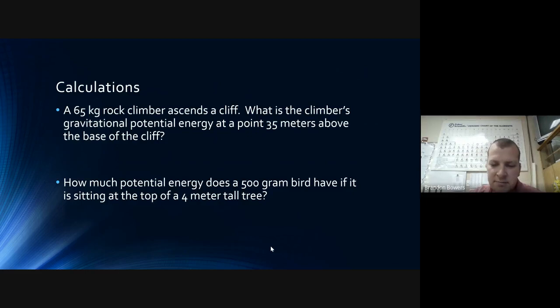For the second problem, you have to remember to convert grams to kilograms, and once you do so, you will get about 20 joules.